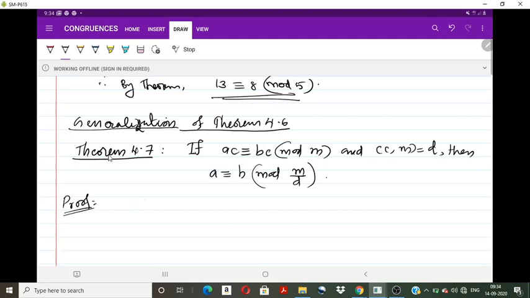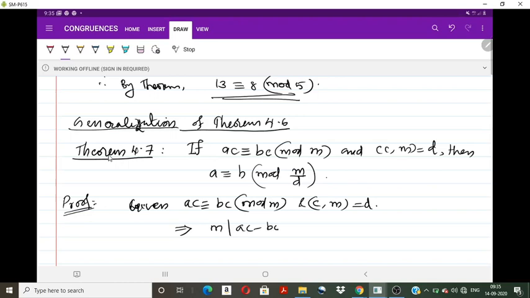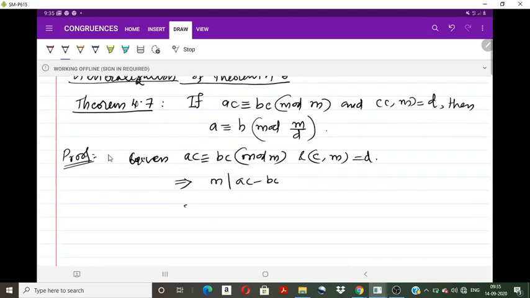Now we move to the proof. Given that AC is congruent to BC modulo M and GCD of C comma M equals D, by this relation we have M divides AC minus BC, or AC minus BC is equal to M into some K, or C into A minus B is equal to M into K.